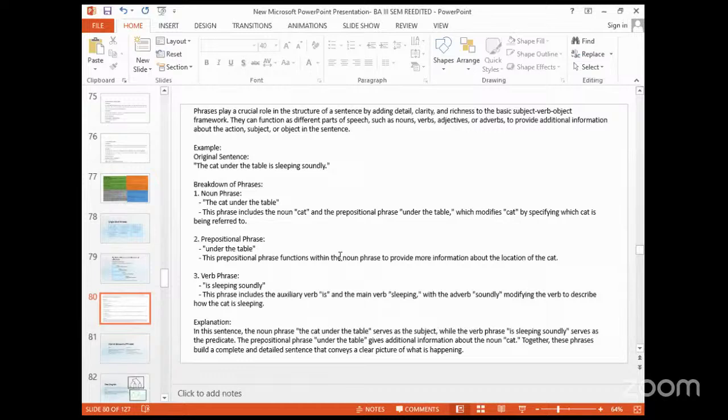So in the entire sentence, the noun phrase, the cat under the table, serves as a subject, while the verb phrase is sleeping soundly serves as a predicate. The prepositional phrase under the table gives additional information about the noun, and together these phrases build a complete and detailed sentence that conveys a clear picture of what is happening.